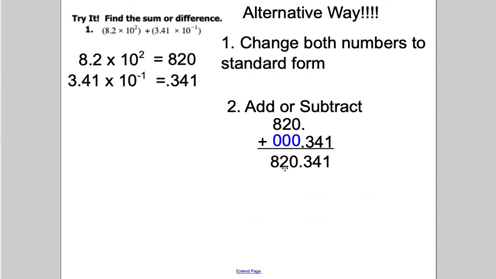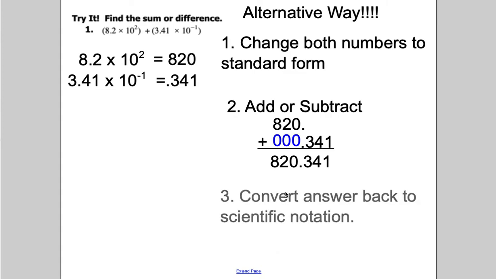And we need to turn this into scientific notation. We need to actually move the decimal point 2 places. When we move the decimal point 2 places over, we get 8.20341 times 10 to the second power.